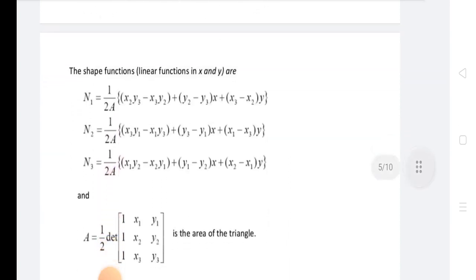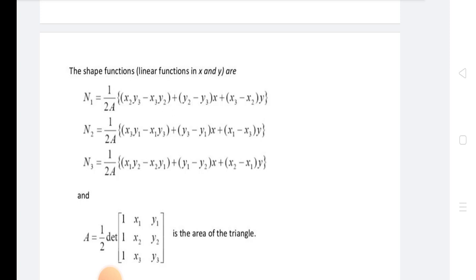The shape functions for linear functions in x and y are N1 is equal to 1 upon 2A (x2 y3 minus x3 y2 plus (y2 minus y3) into x plus (x3 minus x2) into y). N2 is equal to 1 upon 2A (x3 y1 minus x1 y3 plus (y3 minus y1) into x plus (x1 minus x3) into y).